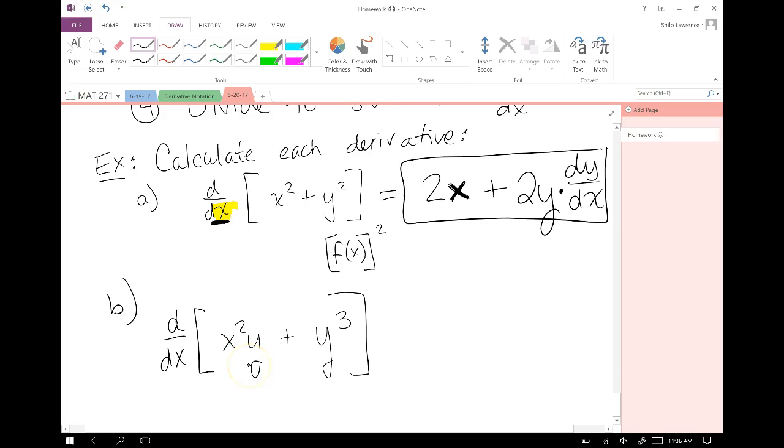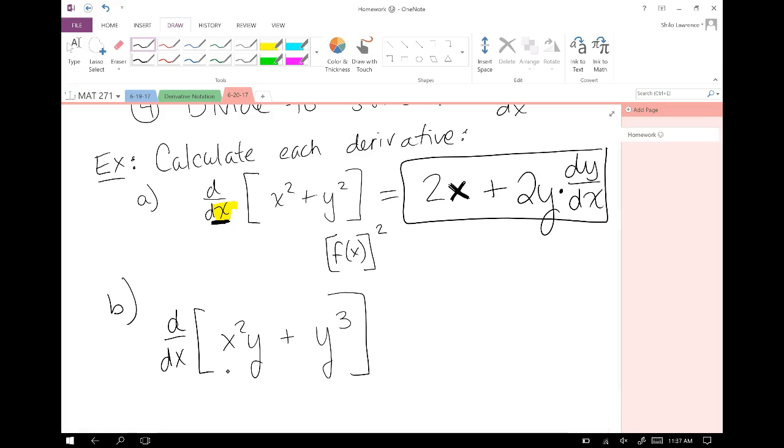It's not a composite because we said times. So it's product rule. We have to do product rule on x squared times y, even though it's two different letters, you have to remember that y is a function of x.